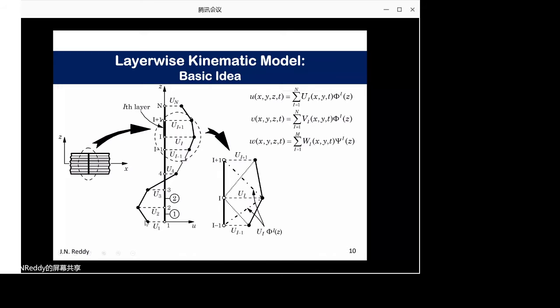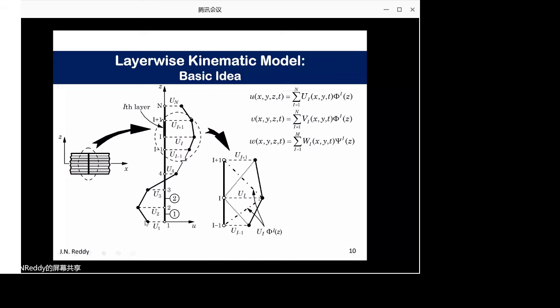And those will be called u sub i, v sub i, w sub i. But those are only functions of x and y, because I'm explicitly representing the kinematics through the thickness, that is the z coordinate.